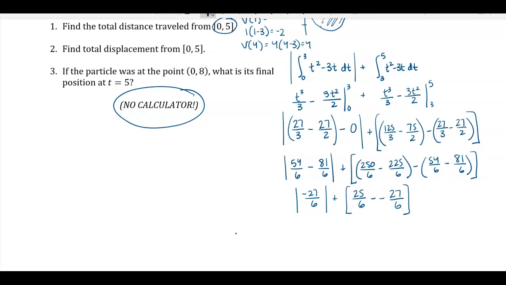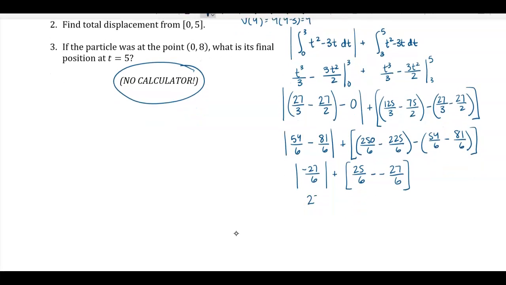So we have 27 over 6 plus 25 over 6 plus 27 over 6. The 27s are 54, so we end up with 79 over 6. But usually we'd want to say this like 13 and 1/6. So that's our total distance.